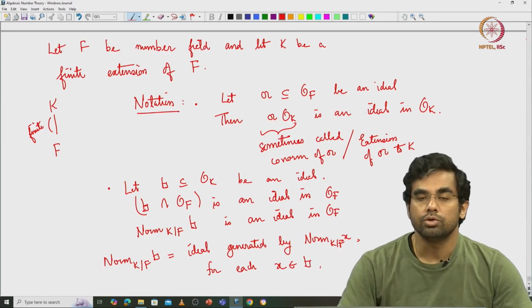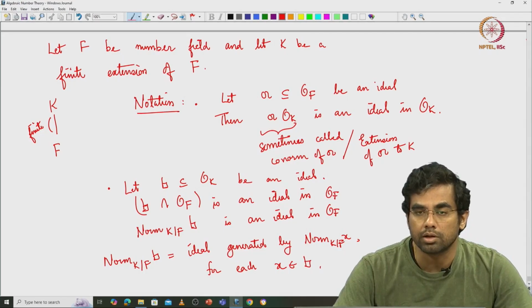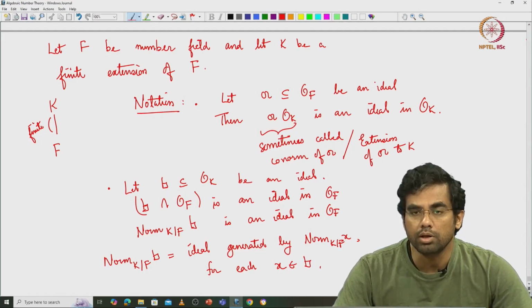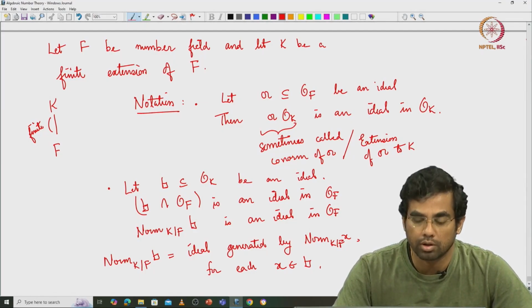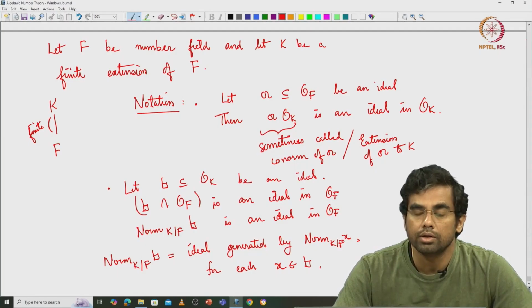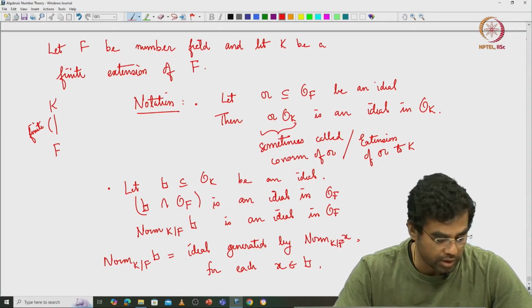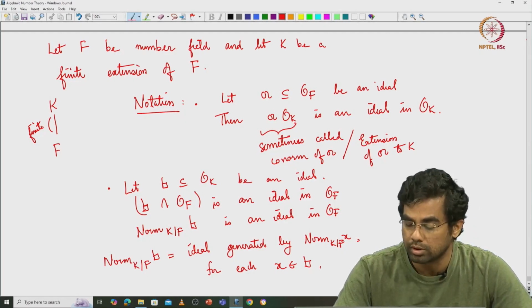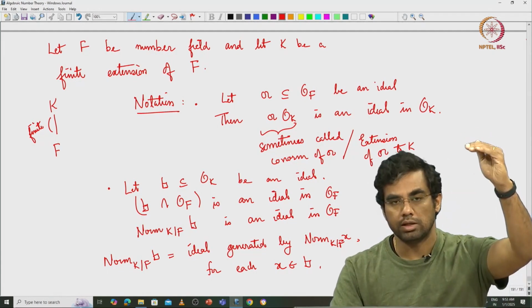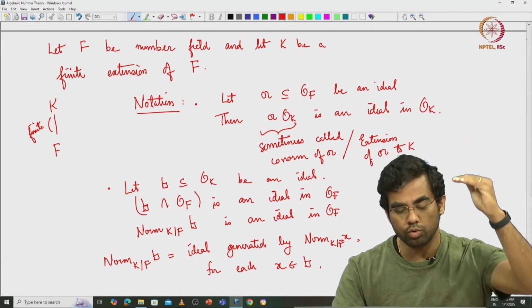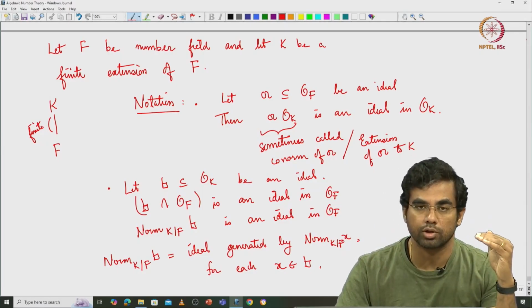So, you take the norm of each element in B, and that gives you a subset of OF, and you take the ideal generated by that subset. So, that is what the norm of B is. We have seen this before. This is just a reminder of the definition. So, if you start with an ideal in a bigger number field, there are two ways of getting an ideal in the smaller number field.